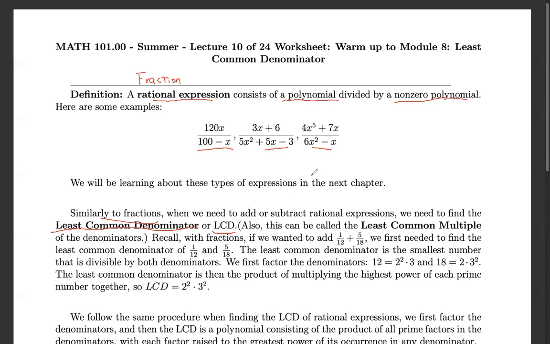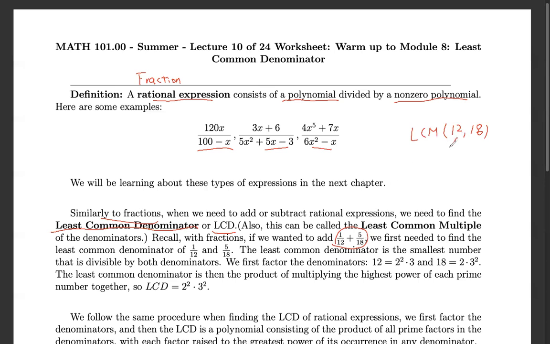But let's just recall. So we have those two numbers, 1/12 plus 5/18. And we want to find the least common multiple of 12 and 18. In this case, when we have fractions, we call it the least common denominator.